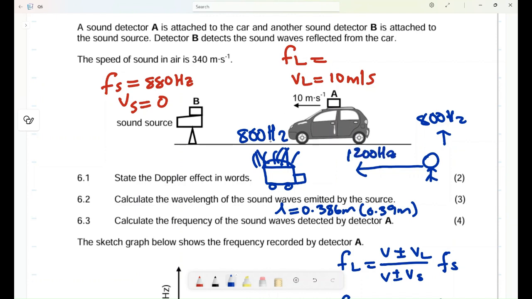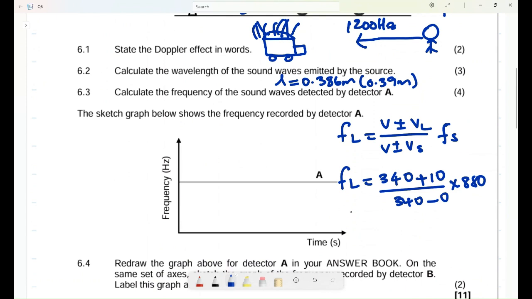This does not mean the frequency of the source changed. The pitch that I hear, or the frequency that I hear as I move closer, is the one that changes. The sound source's frequency will never change. So I get a frequency of 905.88 hertz.